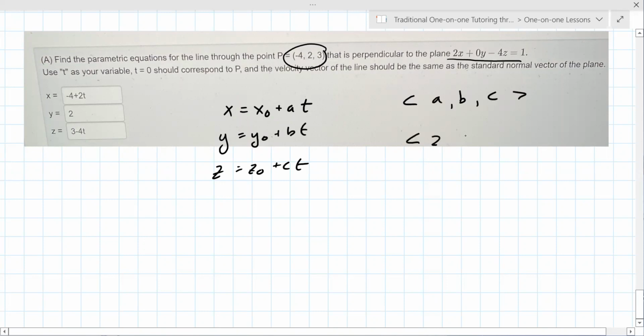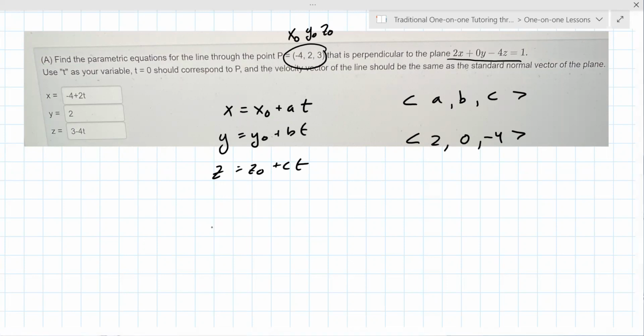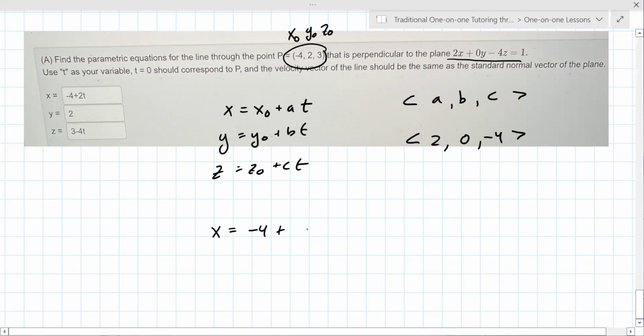Your normal vector is 2, 0, minus 4. This is your x naught, y naught, z naught. So a lot of words that basically ask you to just write it in this form. So x equals -4 plus 2t, y equals 2 plus 0t. That's why it goes to just 2. Z equals 3 minus 4t.